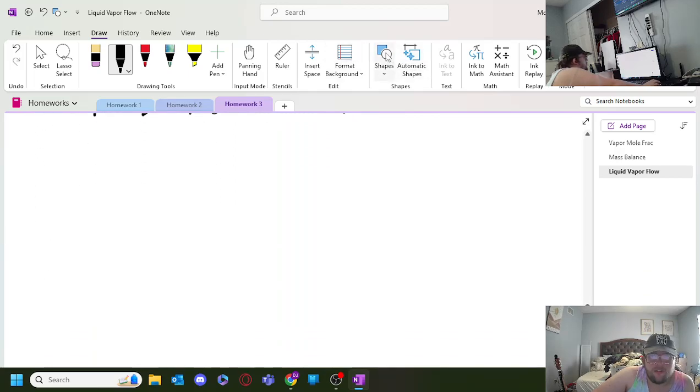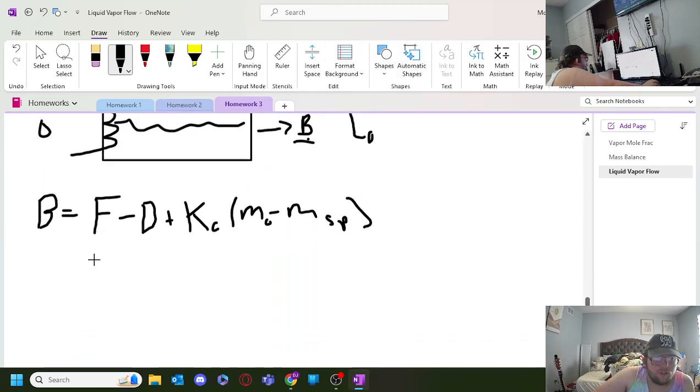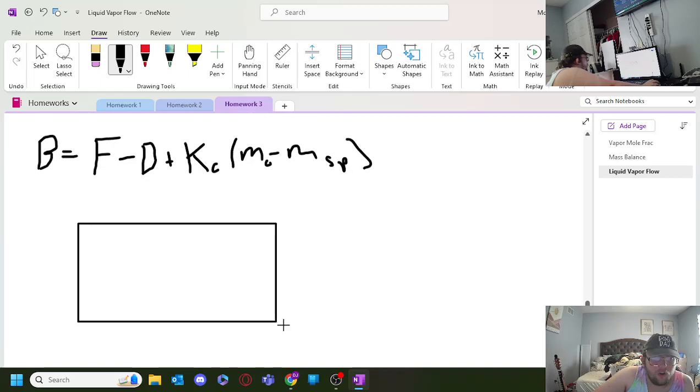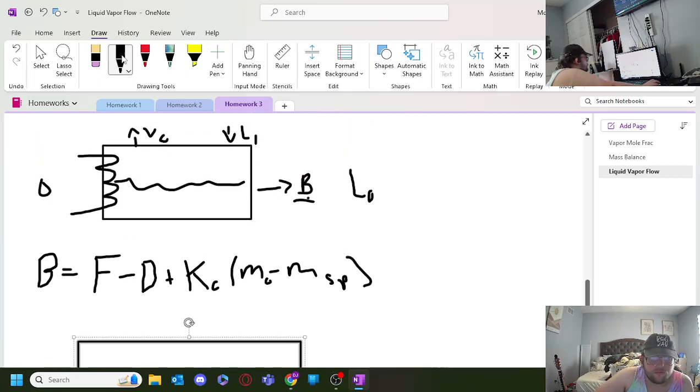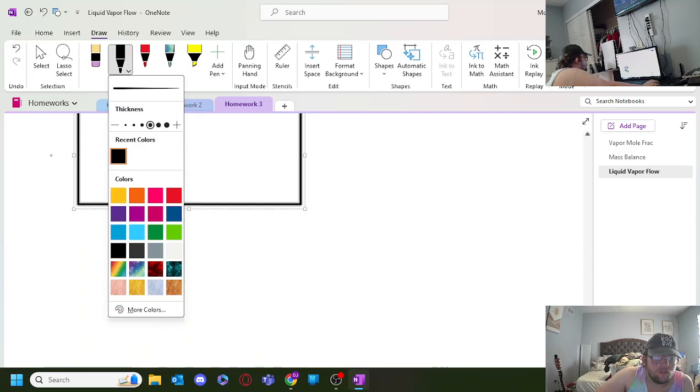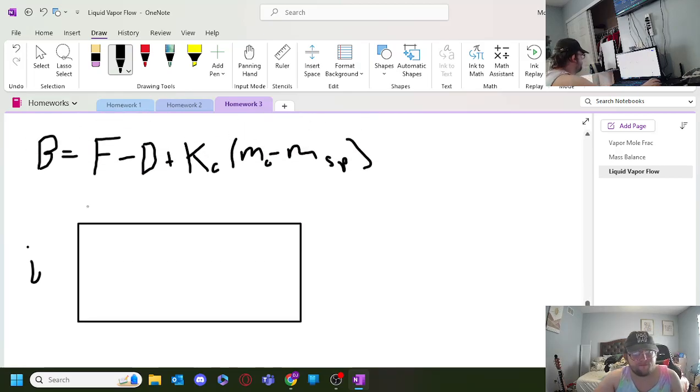And then finally, what we're going to look at is our nth or I stages. So what's going to happen here is in these stages with these trays, it looks like this, where we have like some wall here.